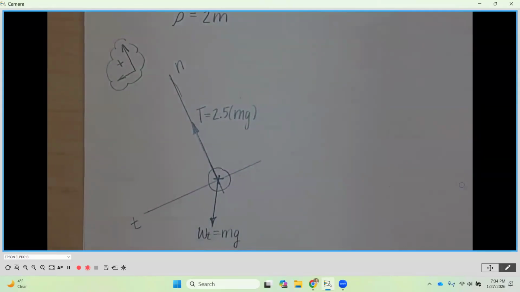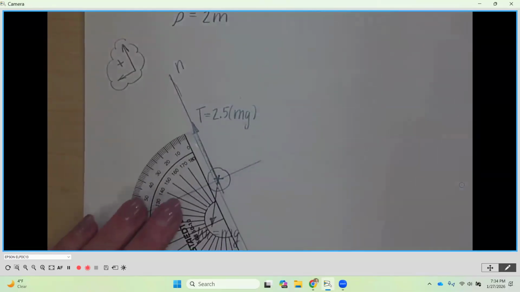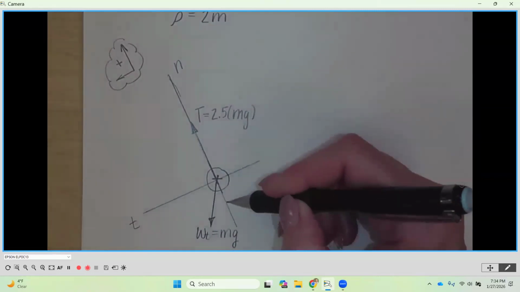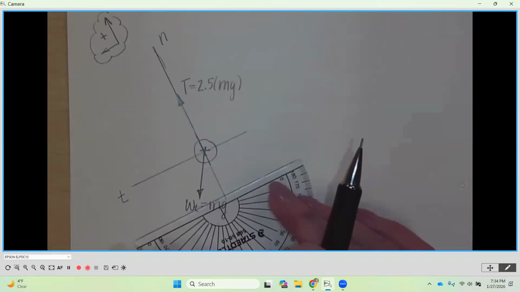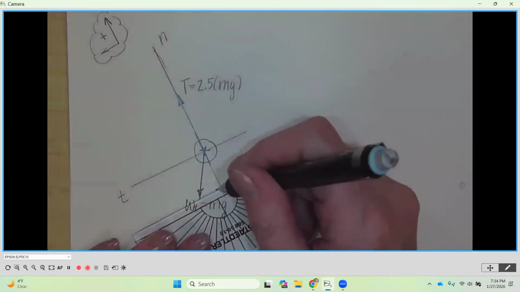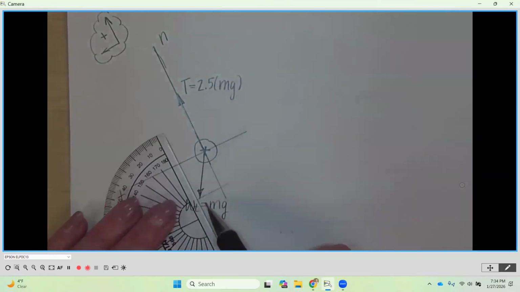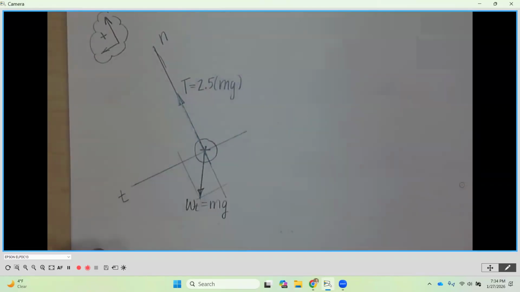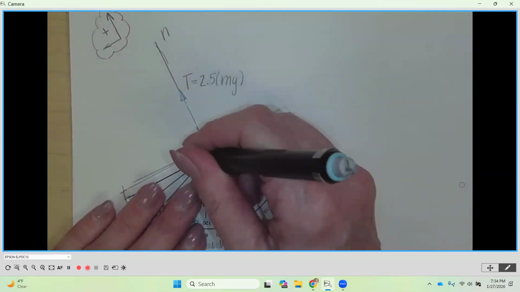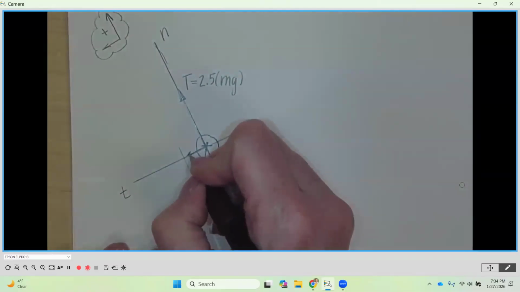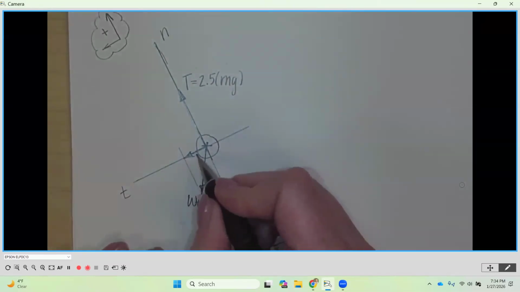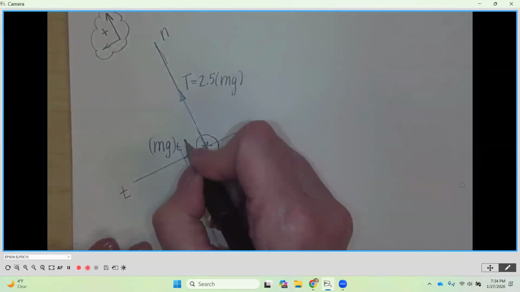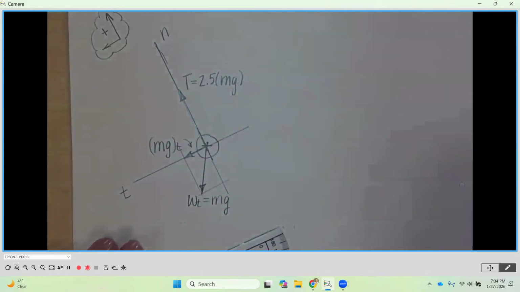Now, if we show the components of that, I extend my normal axis, do my little construction lines up to my tangential axis, and that gives me a tangential component along that axis. So this is going to be mg tangential right there. Does that make sense?